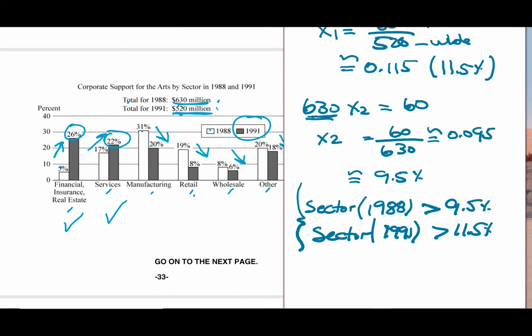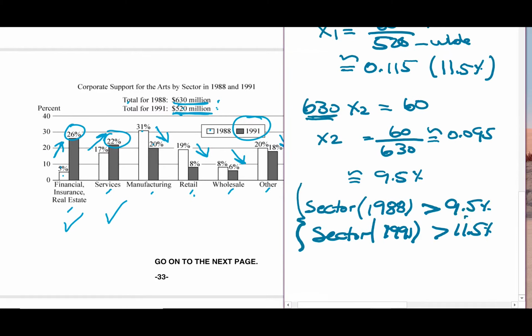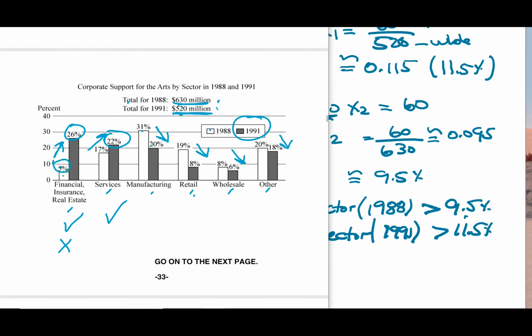And so for the first case, we notice in 1988 we're going left to right. This is 5%, which is less than 9.5% right here, so this is false. This is less. And then we notice 17 and 22 are greater than both of them, so that's a check. 31 and 20 is greater, satisfies.